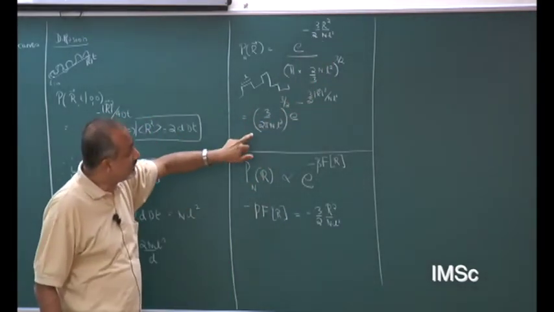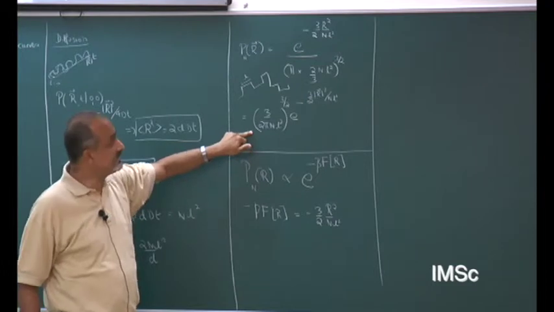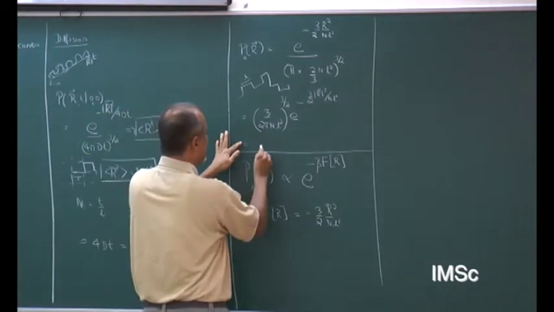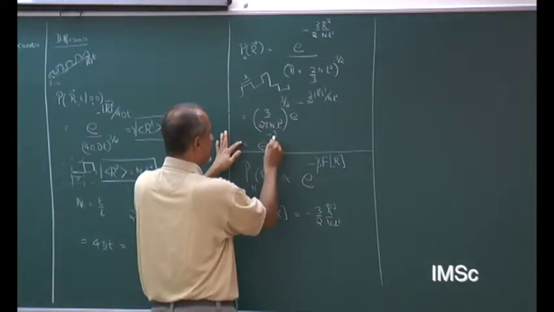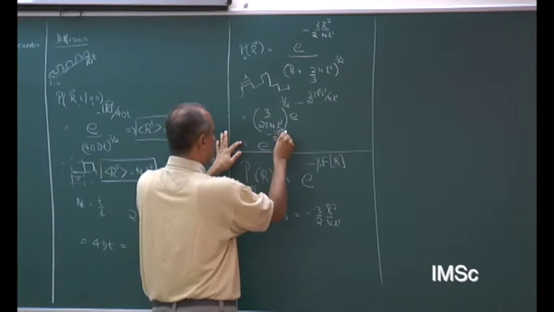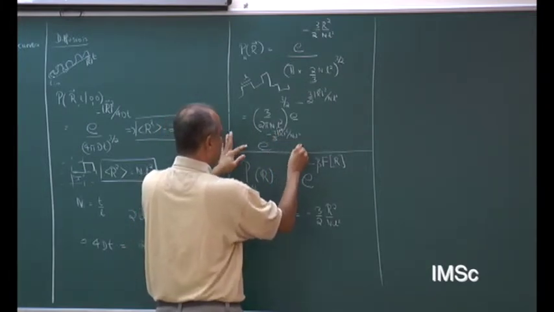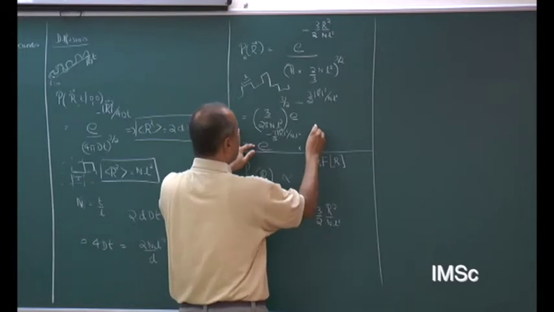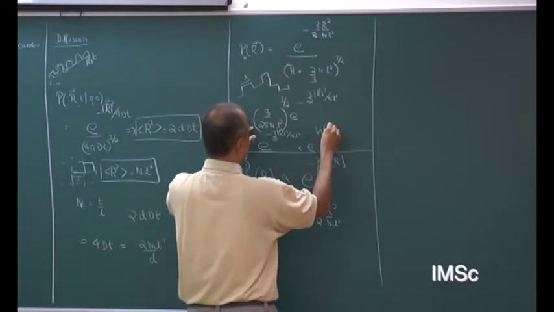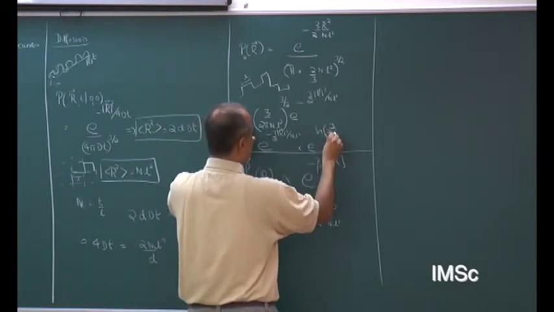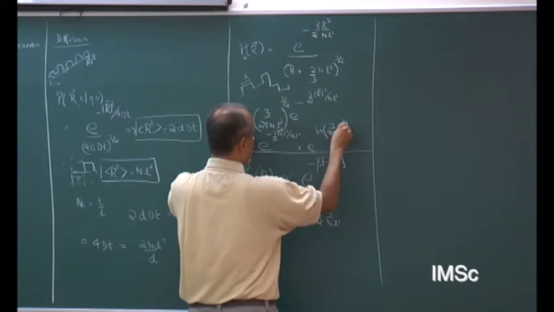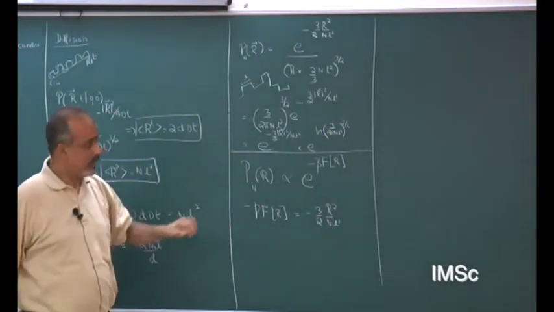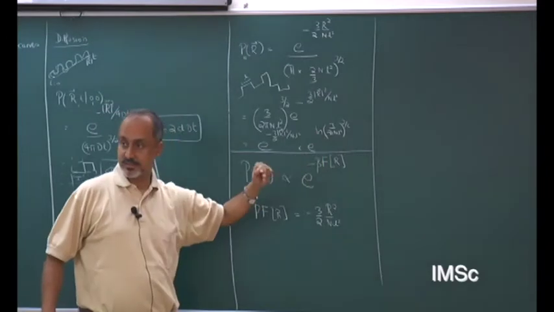You may worry why I didn't worry about this other factor. The reason is I can always write this as, first of all, that factor, e to the power minus 3 by 2 mod R squared by n L squared, times e to the power log of this factor here, 3 divided by 2 pi n L squared whole raised to the power 3 by 2, because exponential of log is just that factor itself.